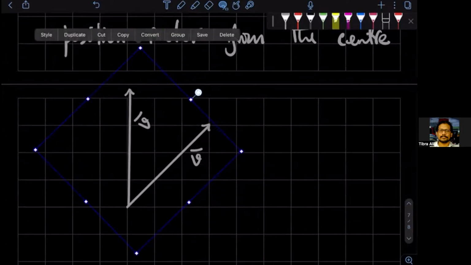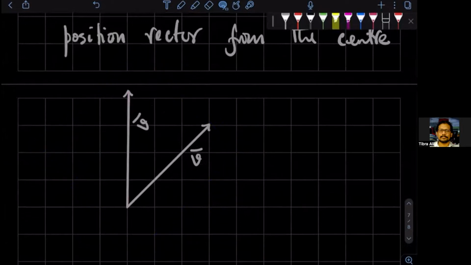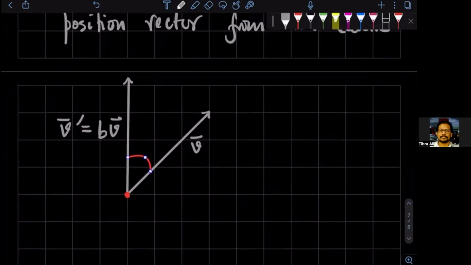Okay, so this is a transformed vector, say V prime, and this is B acting on V. So you could say that B is a reflection, or it could be a rotation, say, by an angle theta.